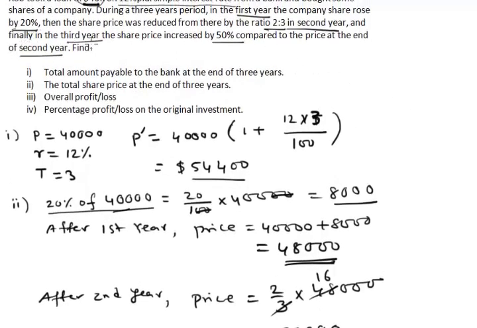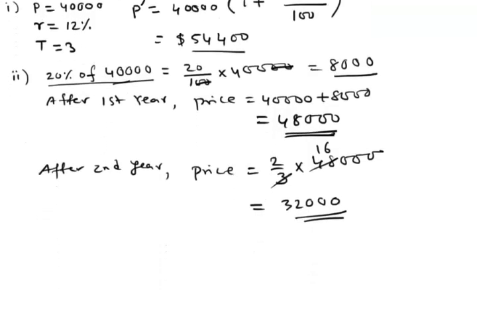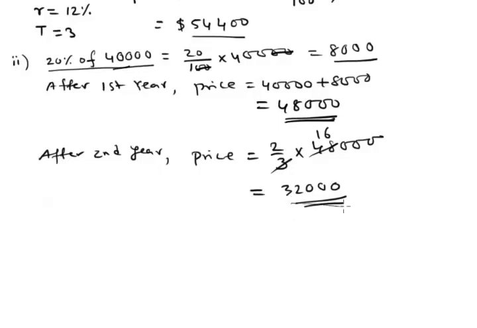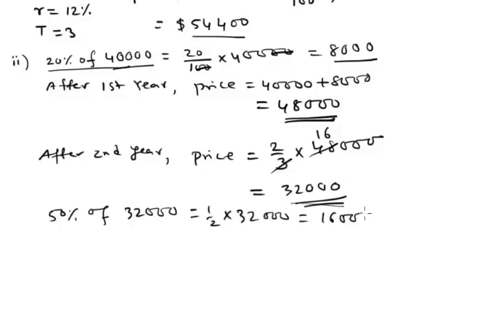And then finally, in the third year, the share price increased by 50% compared to the price at the end of the second year. So whatever was the value in the second year, it rose by 50%. So 50% of 32,000. 50% means actually half. Half of 32,000 is 16,000. So this much value rises from here.